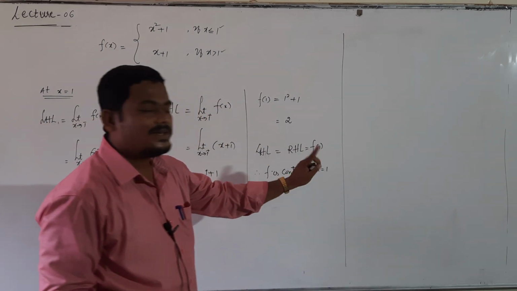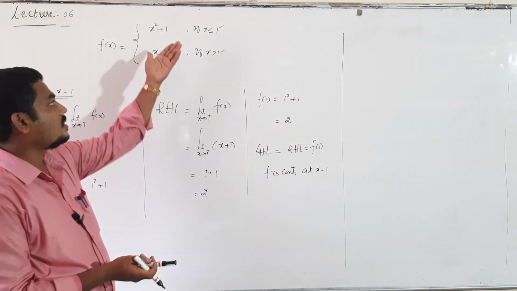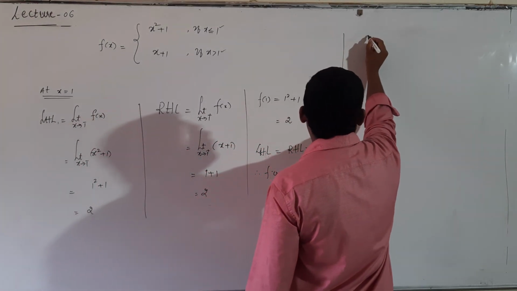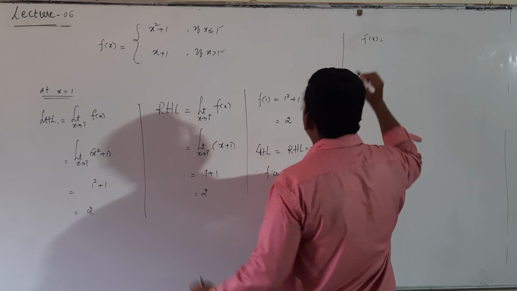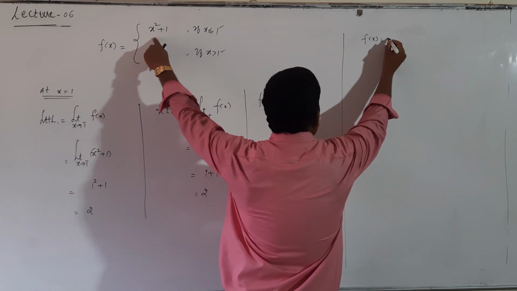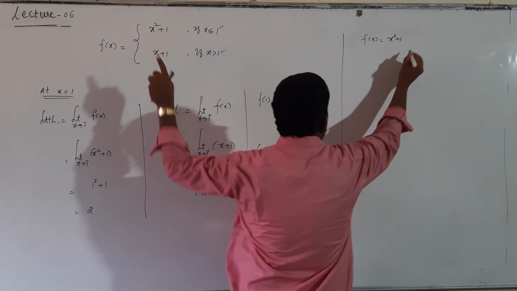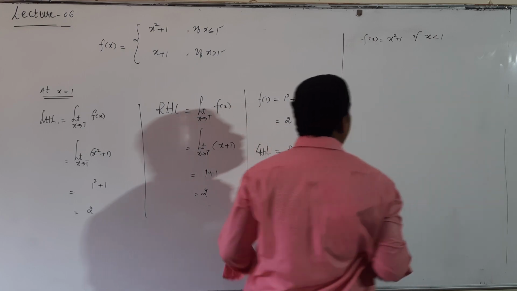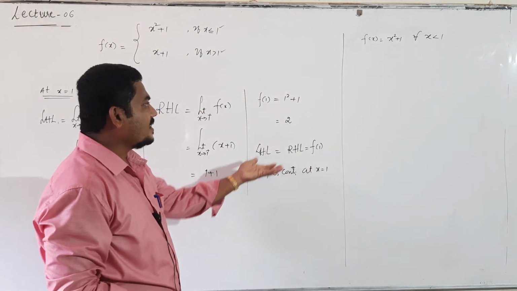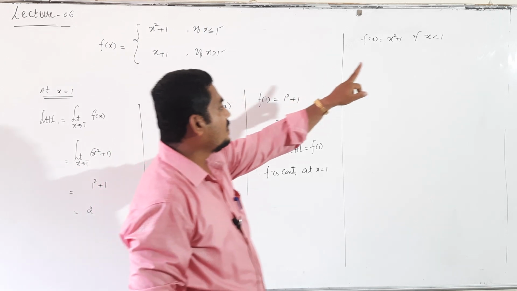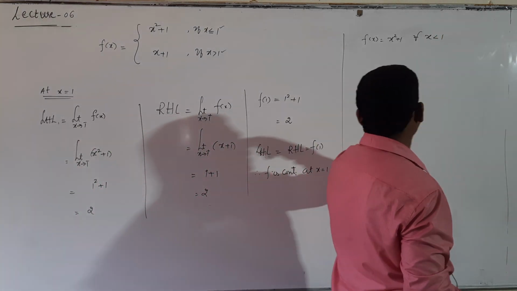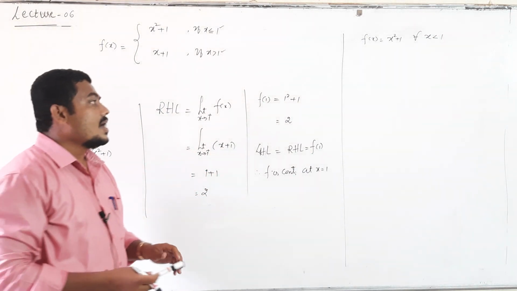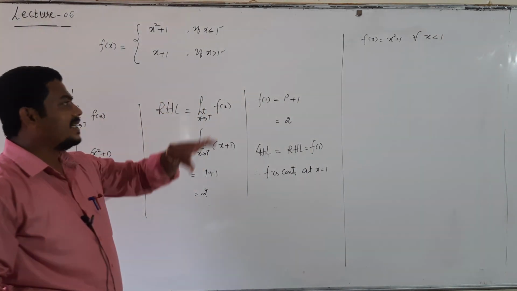After proving f is continuous at 1, conclude what about more than 1 and less than 1, right? f of x equal to x square plus 1 for all x value less than 1. Already we verified at 1, so excluding 1, strictly less than 1, because at 1 function is continuous.